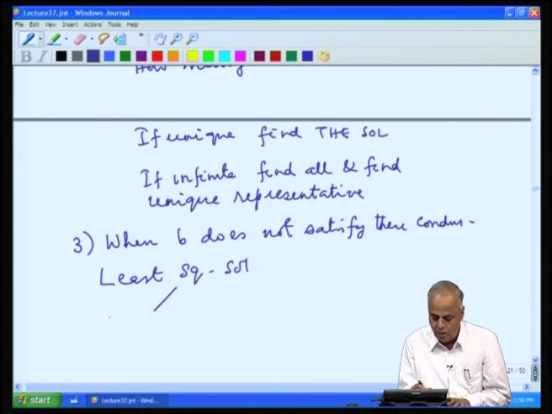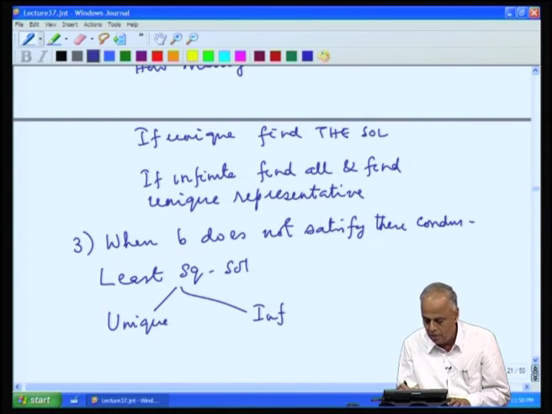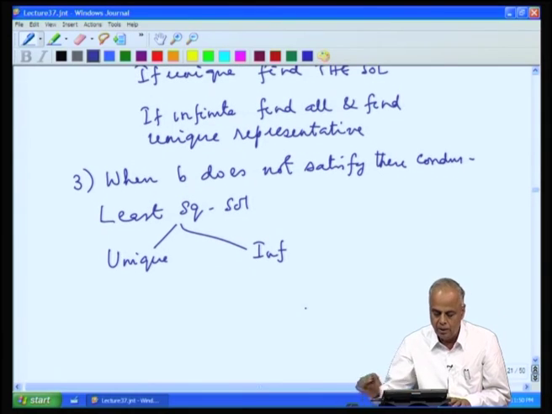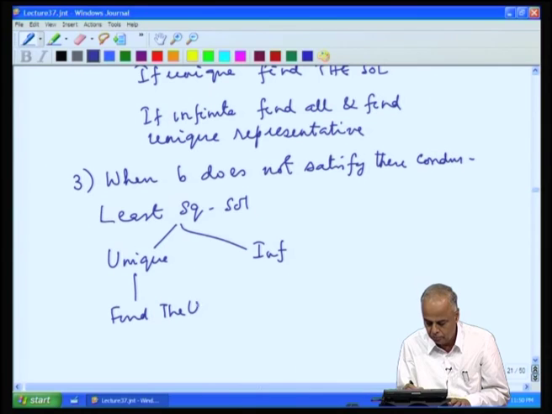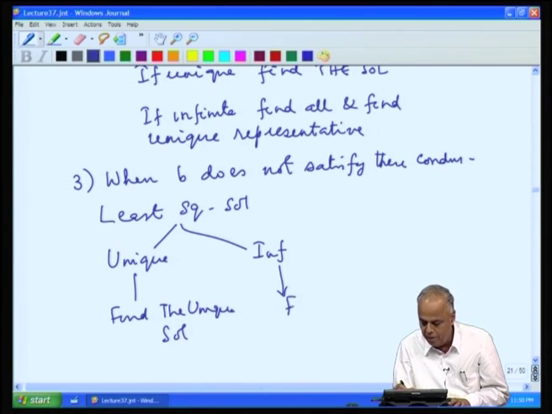Then we have to worry about uniqueness or infinite, and if it is unique, we want to find the unique solution, and if it is infinite, find all and find the unique representative.